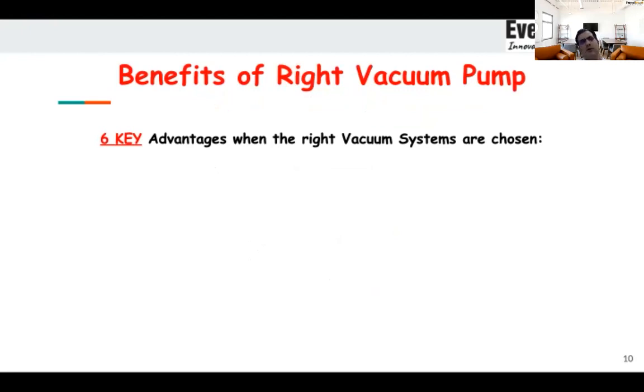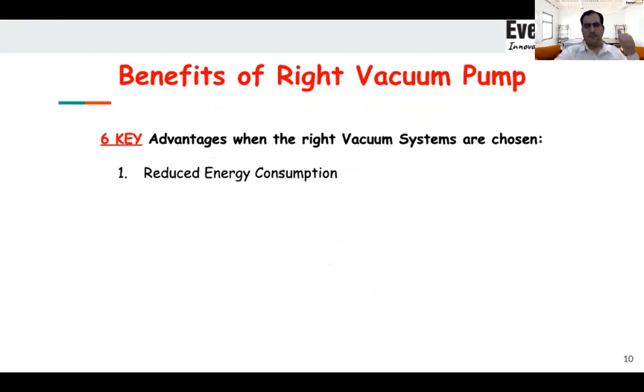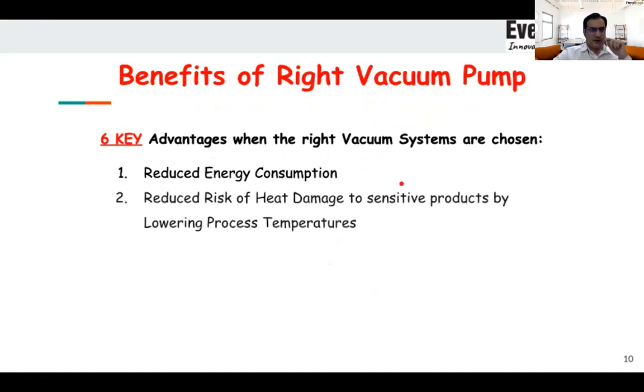If we don't make the right selection of vacuum pump, what do we lose out on? So there are 6 key advantages when we choose the right type of vacuum system. Number 1, reduced energy consumption. Number 2, reduced risk of heat damage to sensitive products by lowering process temperatures.